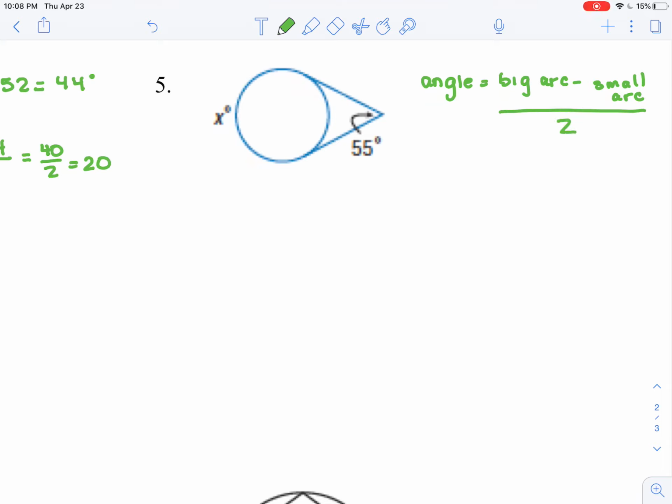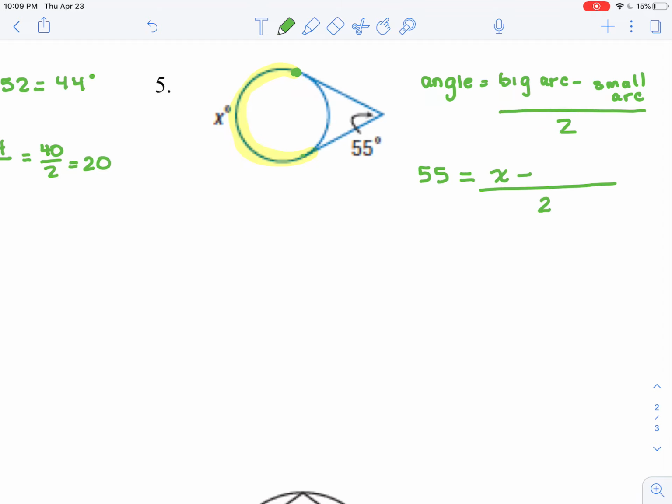divided by 2. And in this case, I'm going to write it out this way because our information is slightly different. So if I use this formula to build an equation, I have the measure of the angle formed, that's 55 degrees, equals the measure of the bigger arc is labeled x degrees. So our big arc is x minus, now the issue here is that we don't have anything for the measure of the smaller arc.